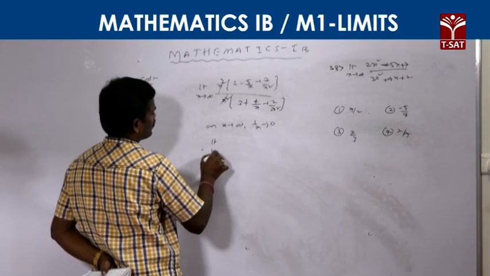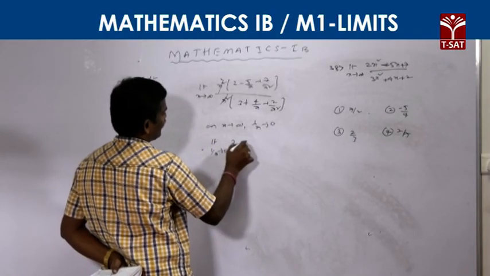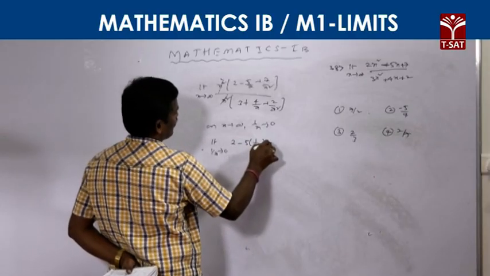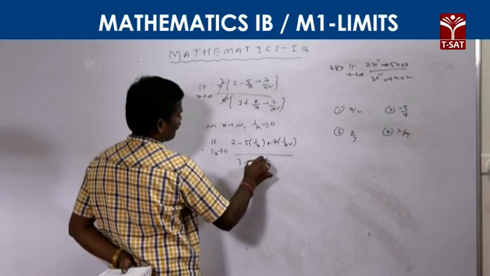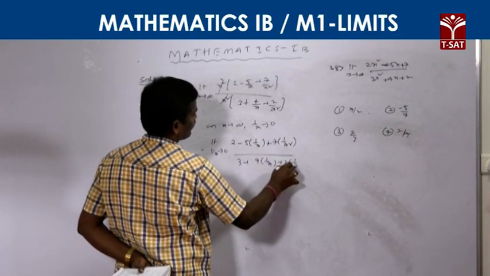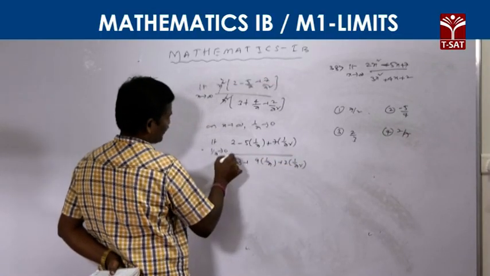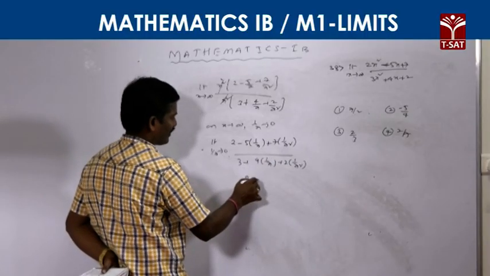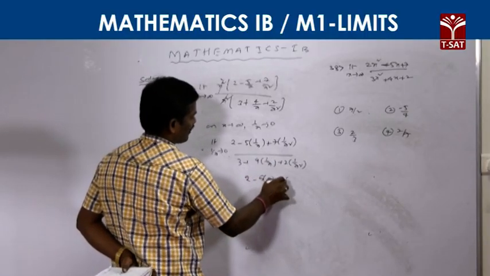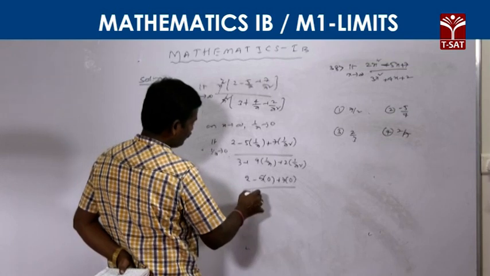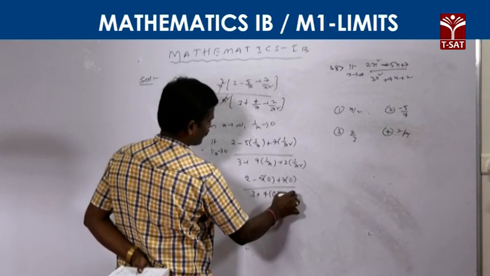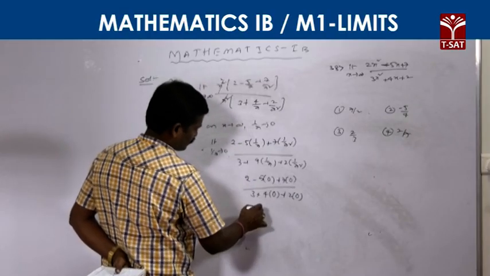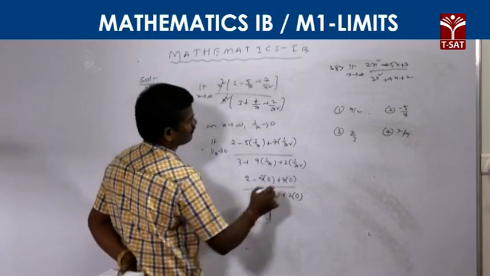Limit 1 by x tends to 0, 2 minus 5 into 1 by x plus 7 into 1 by x square, by 3 plus 4 into 1 by x plus 2 into 1 by x square. So here 1 by x, 1 by x square all are zeros. So 2 minus 5 into 0, 7 into 0, by 3 plus 4 into 0 plus 2 into 0. So this is 2 by 3, the answer is 2 by 3. Third option.